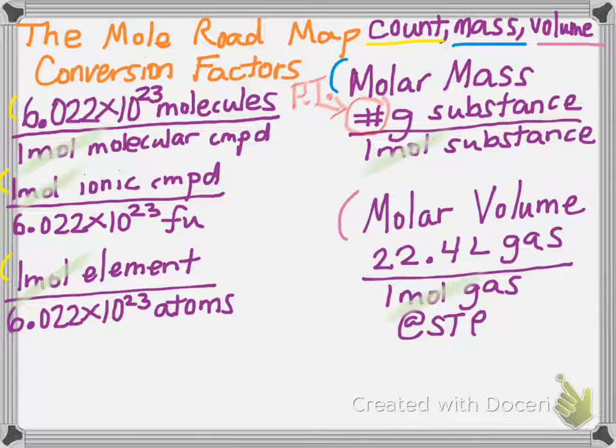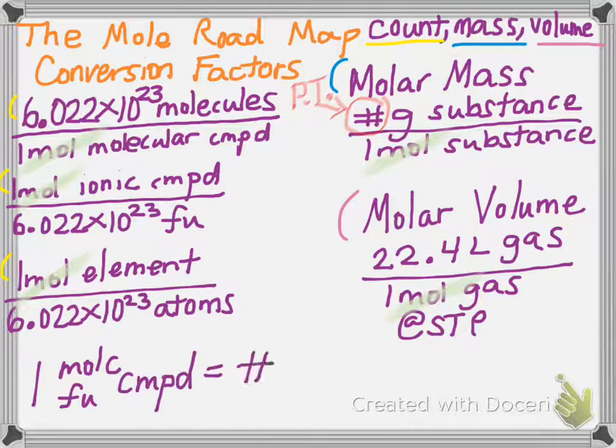Now, there was one other tool that you have on your toolkit that we talked about, because sometimes your book is going to try to trick you, and they're going to ask you about the number of atoms in a compound. And remember, anytime we have a compound, so one either molecule or formula unit of a compound, to get the number of atoms, we have to count them or add them up.